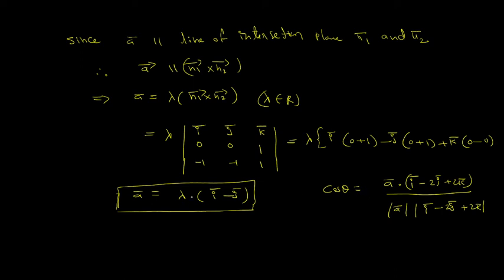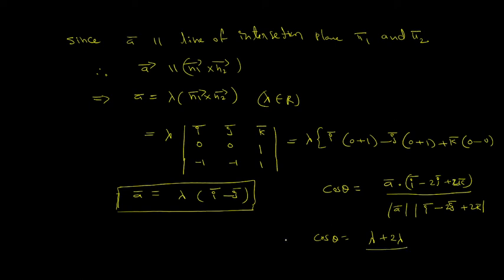So here a bar value is lambda into i bar minus j bar. Find the dot product: a1 a2 plus b1 b2 plus c1 c2. So lambda into i bar dot i bar is lambda. Next, minus lambda j bar, minus into minus, plus 2 lambda. Next no k bar here, this is 0 now.